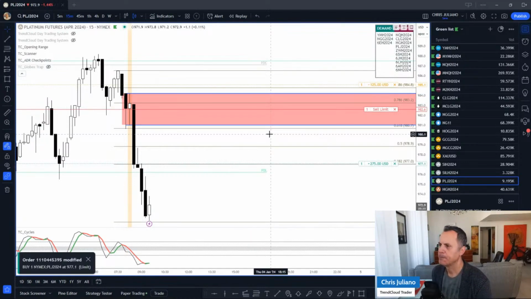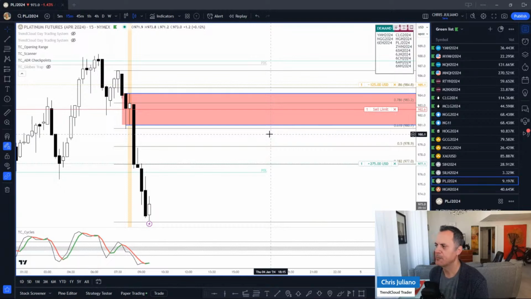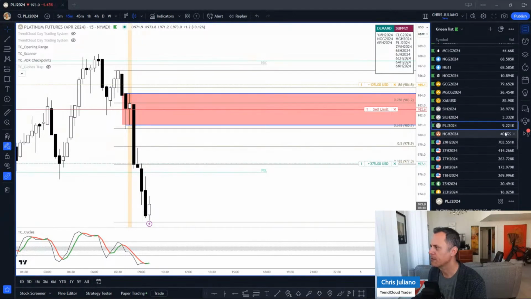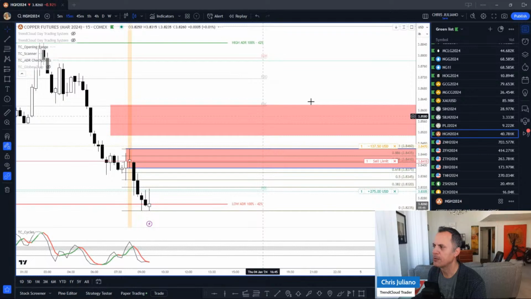Now, being that copper and platinum kind of run in the same direction, what you would want to do is take one or the other, right? Because if one fails, most likely the other one is going to fail too. Being that platinum has the better risk to reward, you would probably just want to take one.